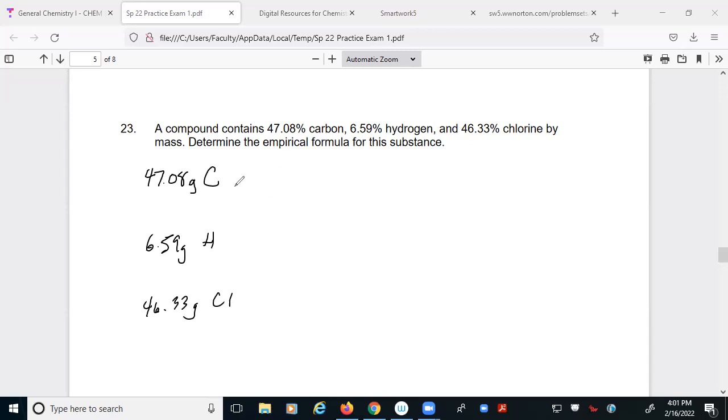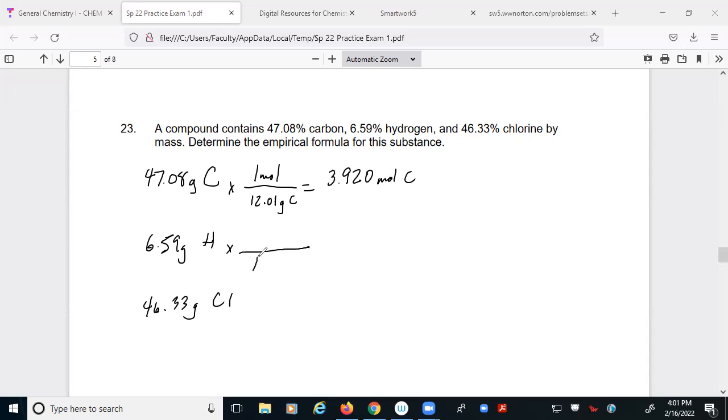Second step, turn all the masses into moles. So carbon, 12.01 grams per mole. If I do that calculation, 47.08 divided by 12.01, 3.920 moles of carbon.